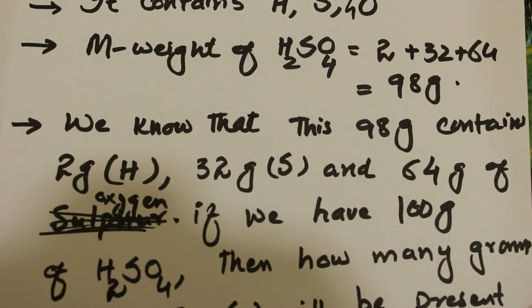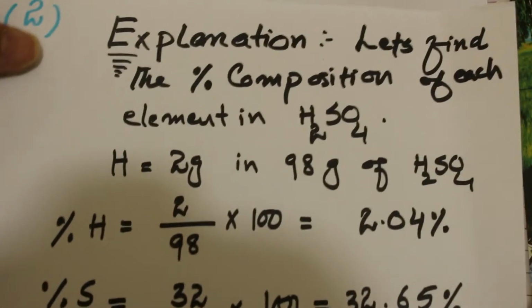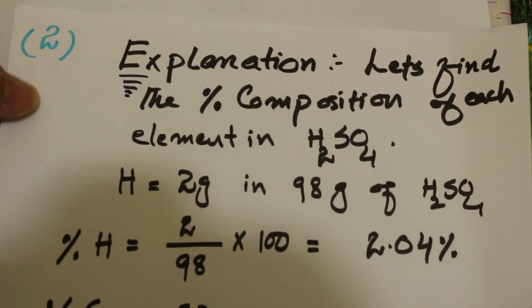So let's explore this idea with the help of this sulfuric acid, and let's find out the percent composition of each element. So let me show you the second slide of this presentation or this class.